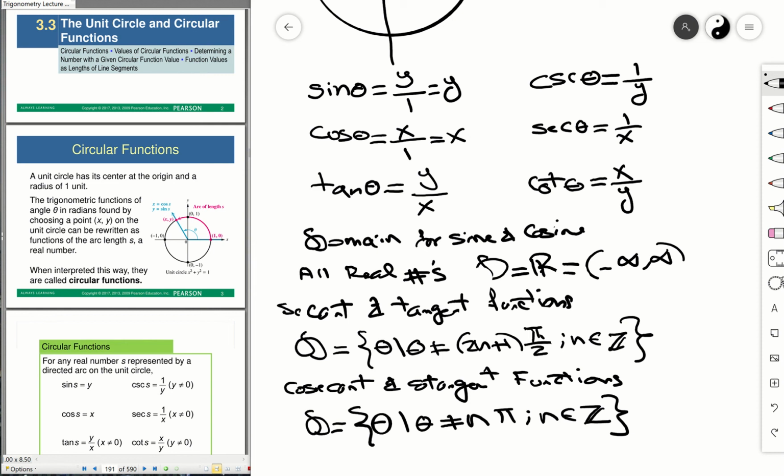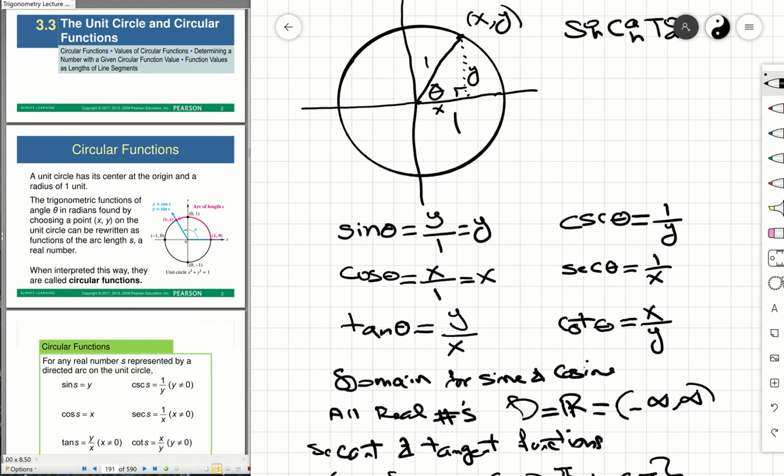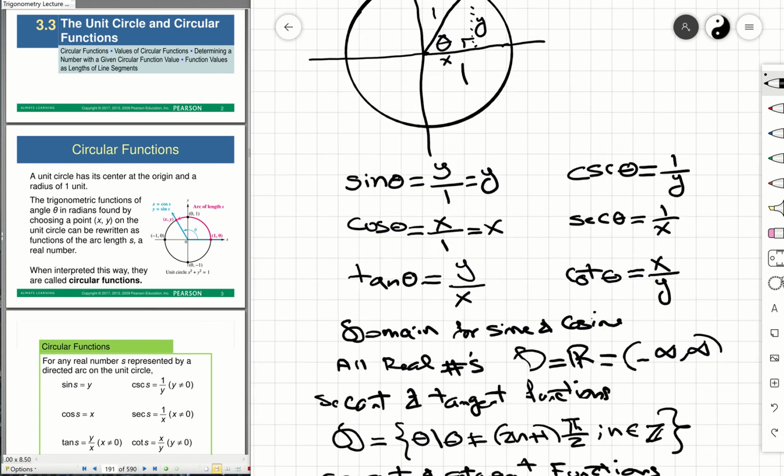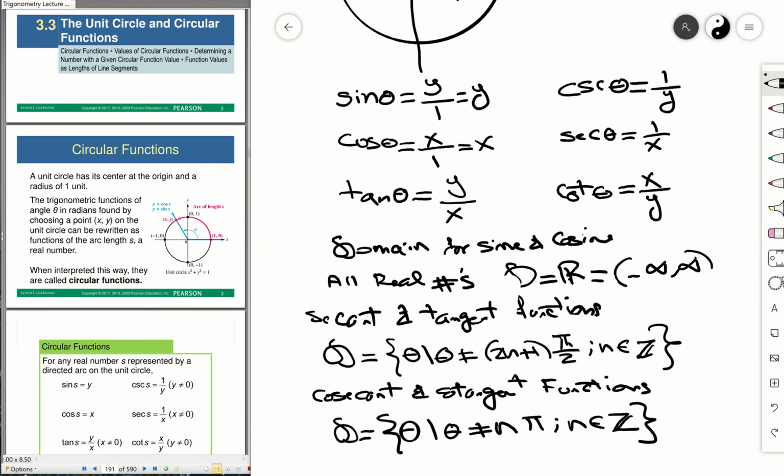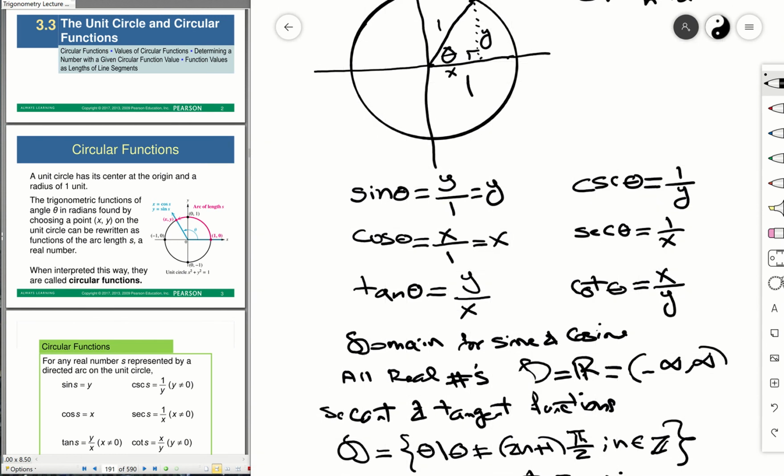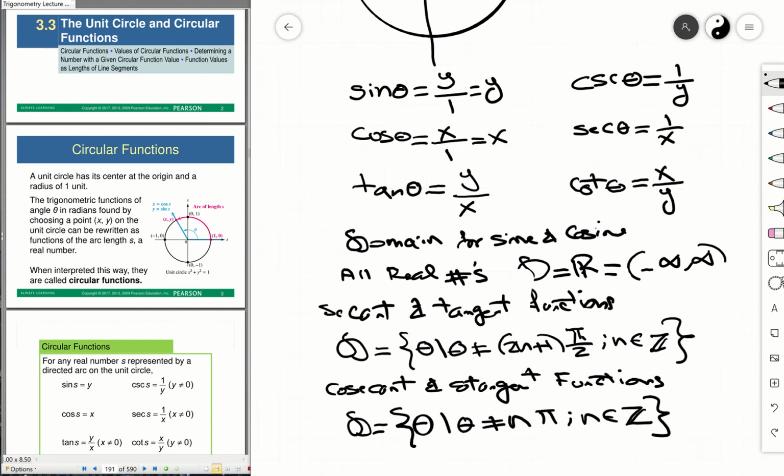And for example, if n equals 0, you get 0 times pi, which is the 0-degree angle or 0 radian angle. If we have n equals 1, we get pi radians. If n is 2, we get 2 pi radians, or you can use negatives. Negative 1 times pi will exclude negative pi, negative 2 times pi will exclude negative 2 pi, etc. So that is the domain and range for all these 6 trigonometric functions.